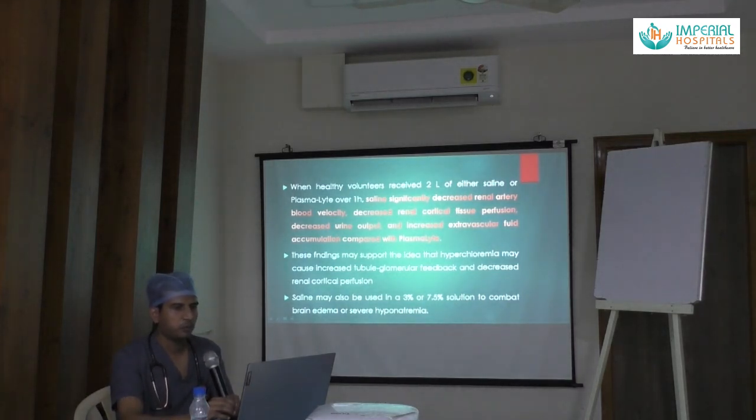These findings may support the idea that hyperchloremia may cause increased tubuloglomerular feedback and decreased renal cortical perfusion. So it is the high chloride content causing this. Hypertonic saline may also be useful in treatment of brain edema and severe hyponatremia.